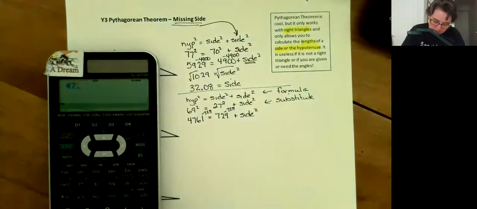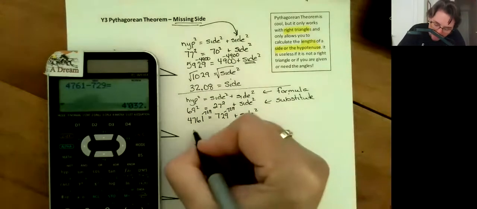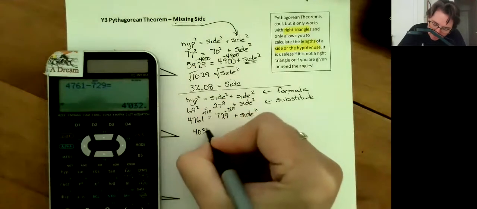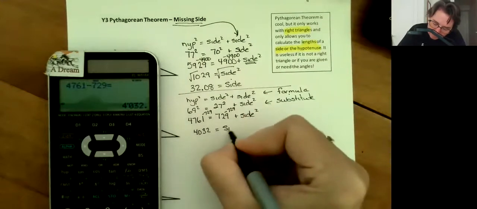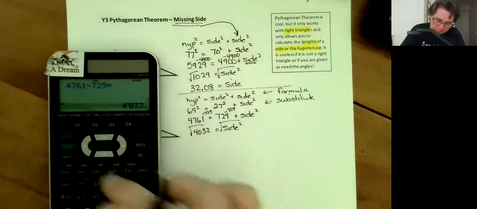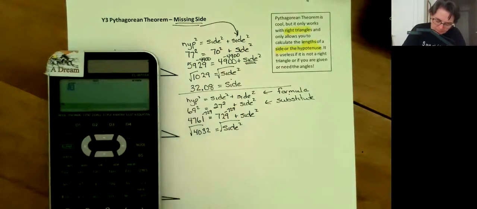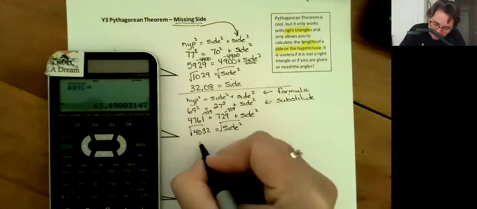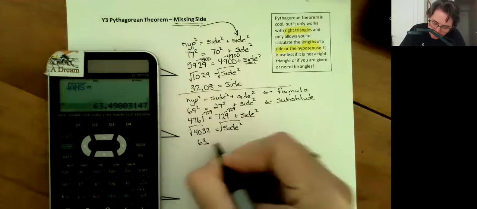So 4761 minus 729 is 4,032, which is equal to side squared. Square root, square root. Oh, I did it again. So 63.50.